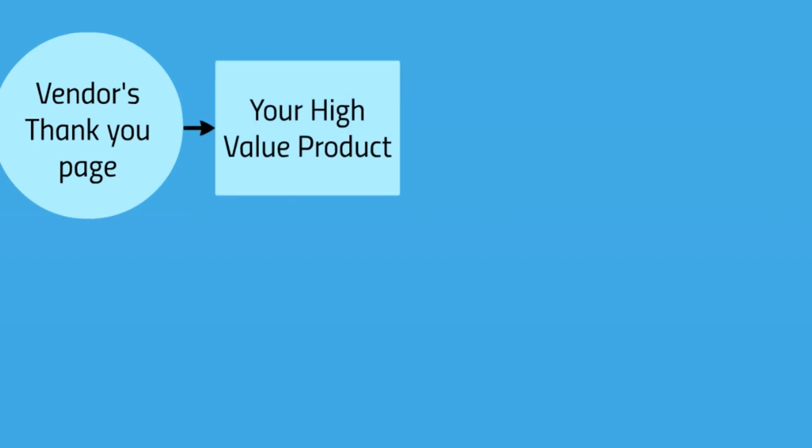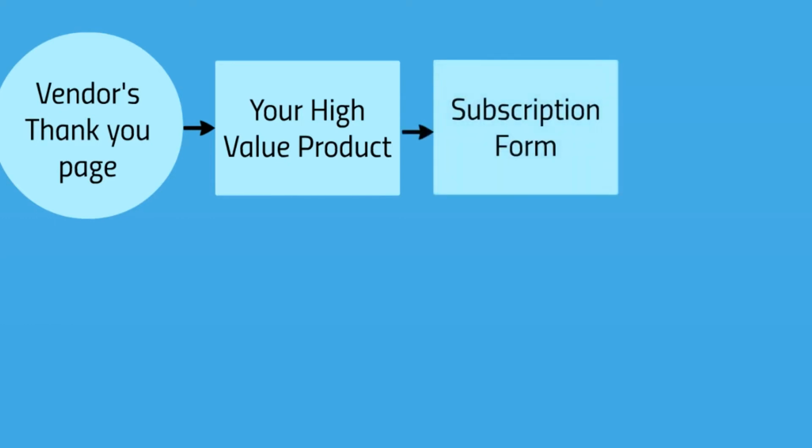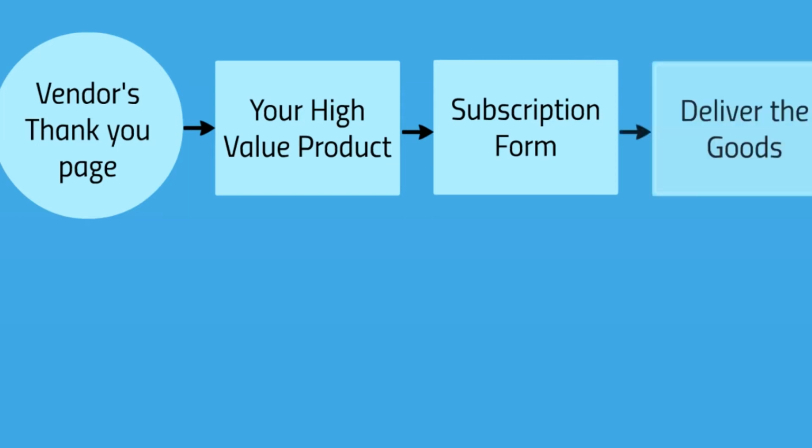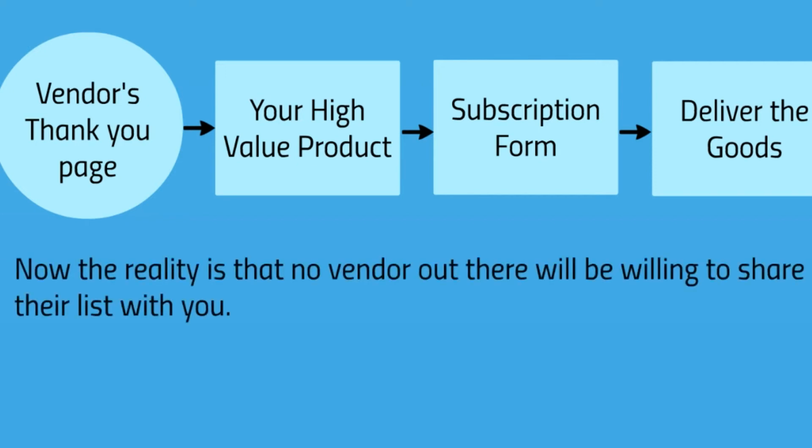On the vendor's thank you page, you deliver your high value product. It's not the same as a lead magnet or anything like that. This is a super high value product that somebody is actually willing to pay for. You're just giving it away for free, and they subscribe and you deliver the goods. Now, you don't necessarily get a monetary exchange in this case, but it's a win-win situation for the vendor and the buyer.